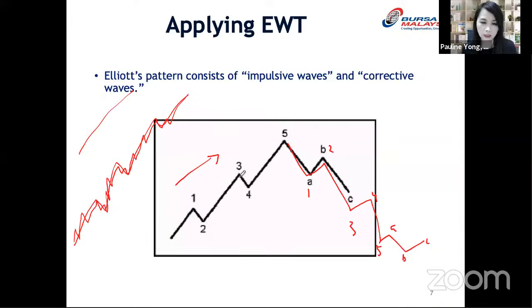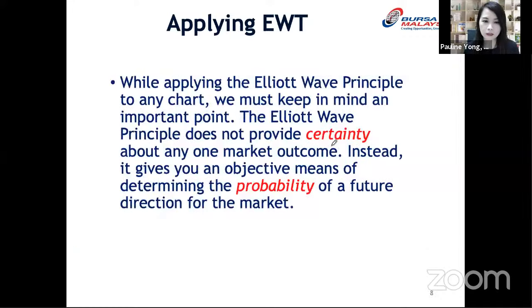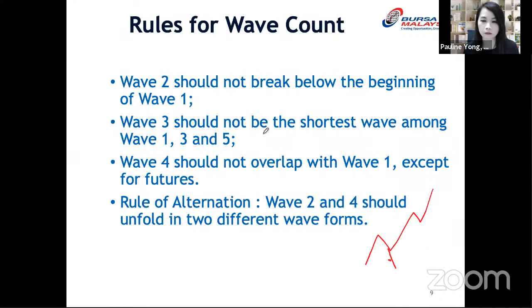What it says here is that wave number 3 cannot be the shortest among these, can never be the shortest. And this is a principle that cannot be violated. So if you count the wave whereby your wave number 3 is very short, shorter than wave 1 and 5, then you know that you have counted the wrong wave.